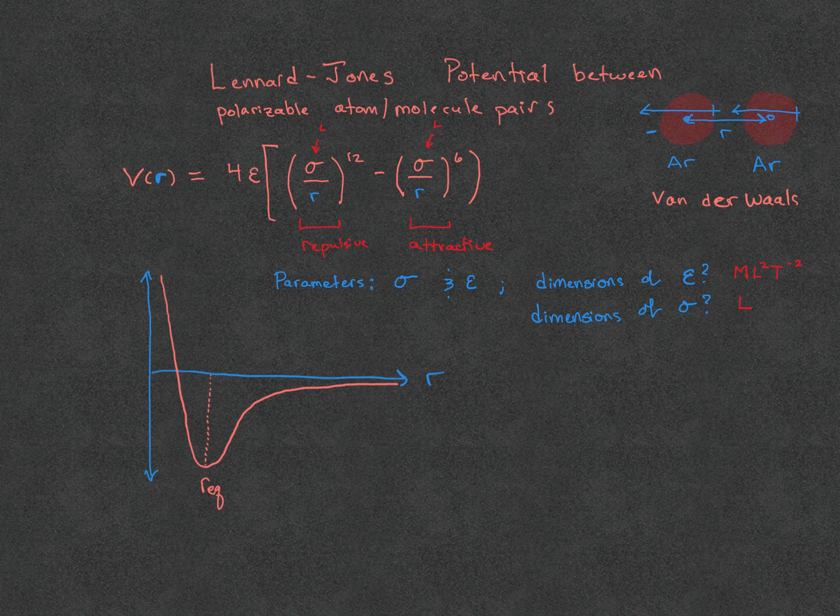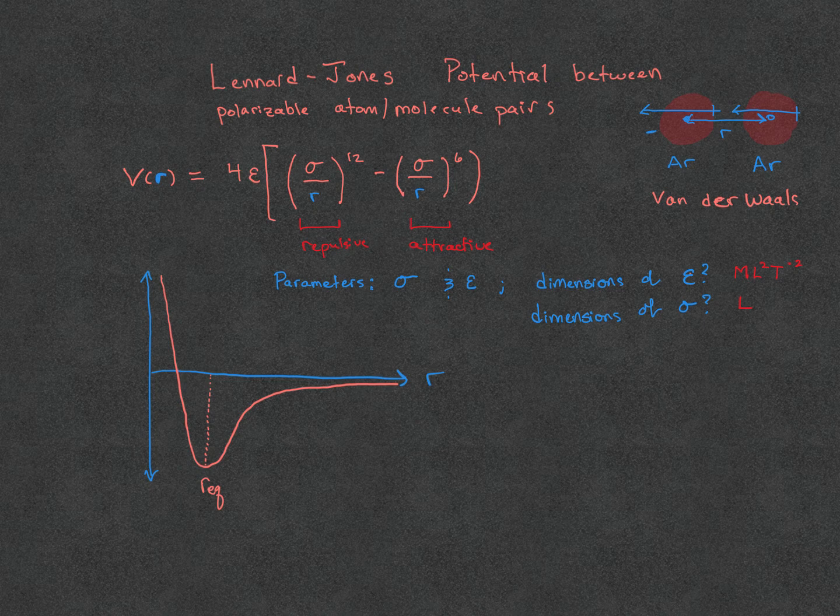I cannot subtract a dimensional quantity L to the 12 and L to the 6, because subtraction cannot change dimension. So the only option is for sigma over r to have no dimensions, which means that whatever the dimensions of r are, sigma has to have the same dimensions, so that division of those two terms leads to no dimensions.